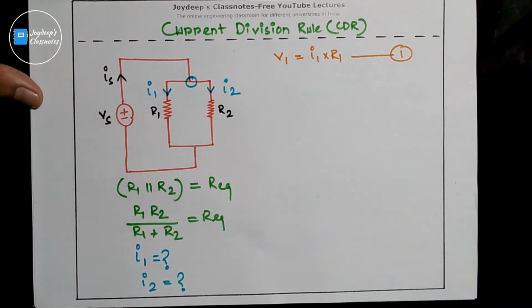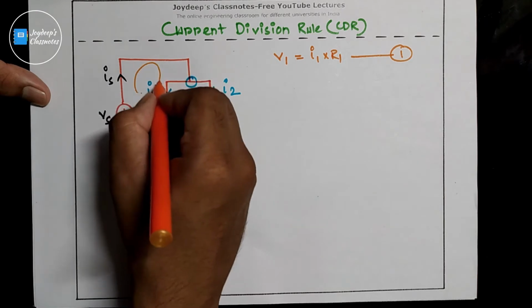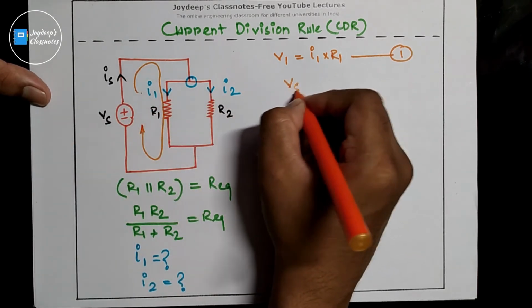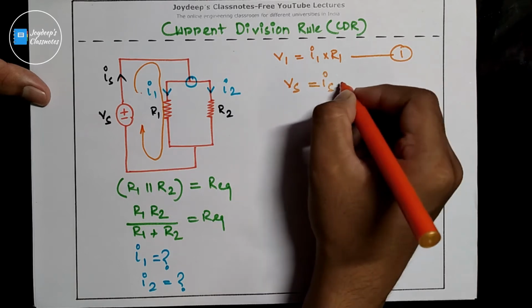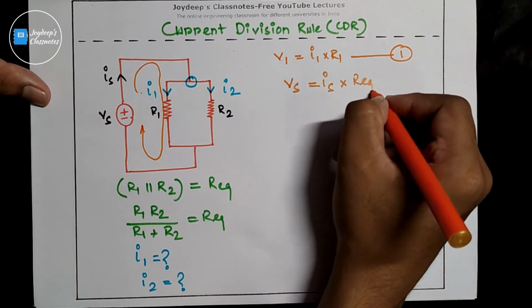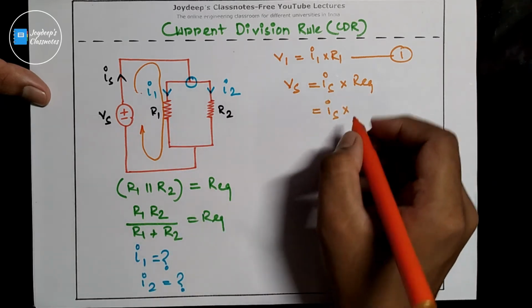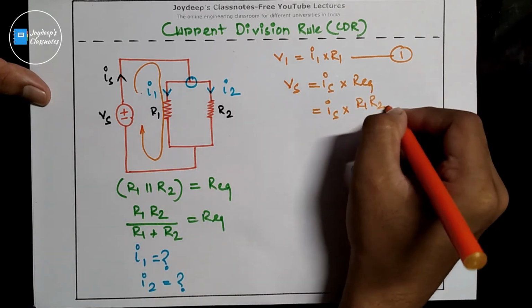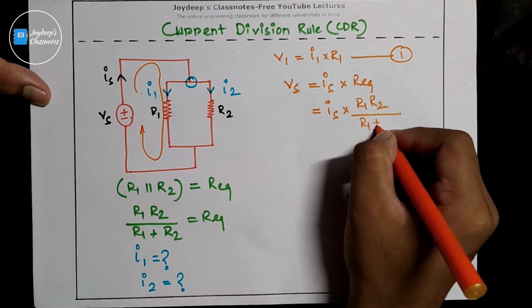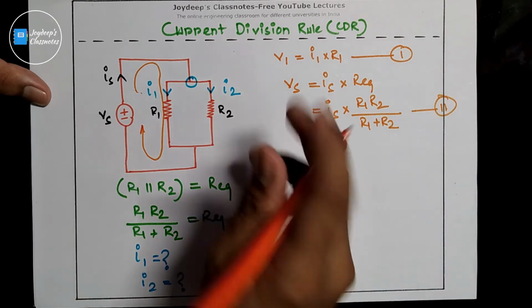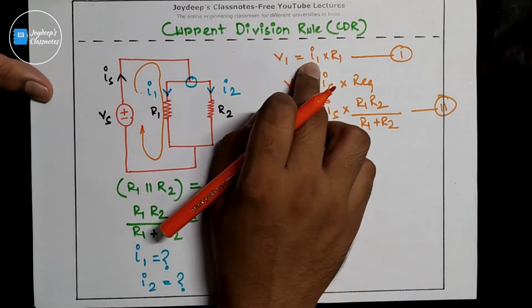Now if we apply KVL at this loop, our equation will be Vs equals Is into R equivalent. What is the value of this R equivalent? We already know, that is R1 R2 divided by R1 plus R2. So that is our equation number 2. Now we want to find out the value of I1.